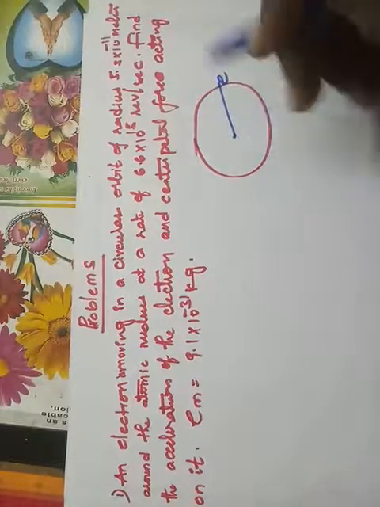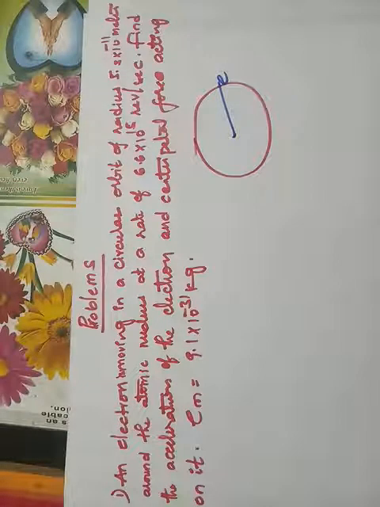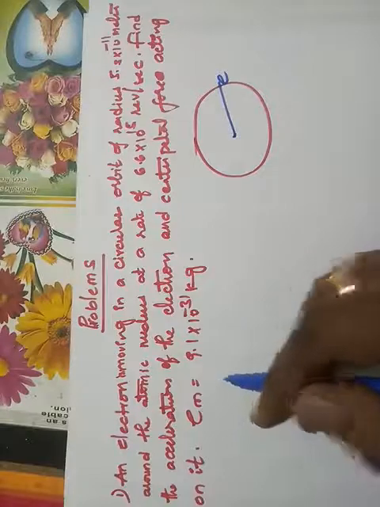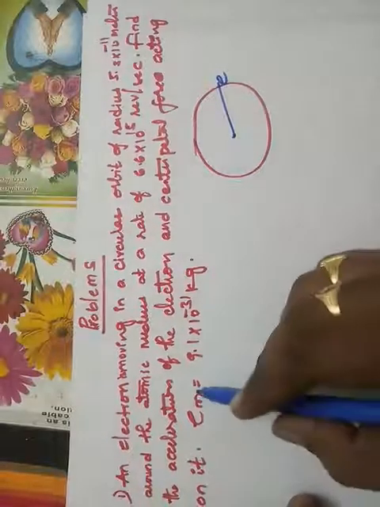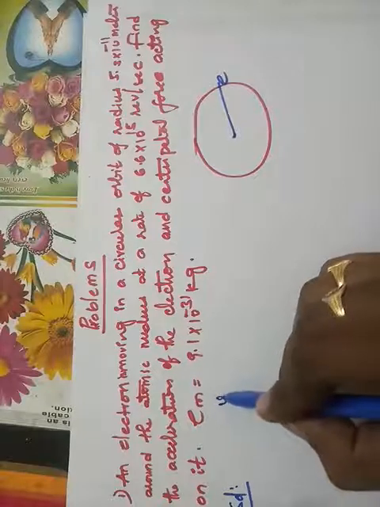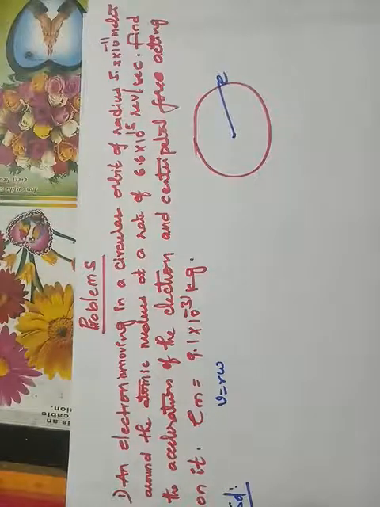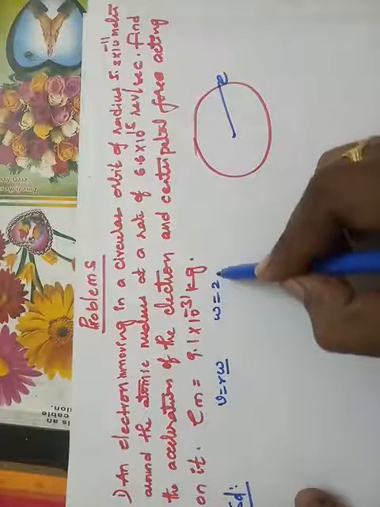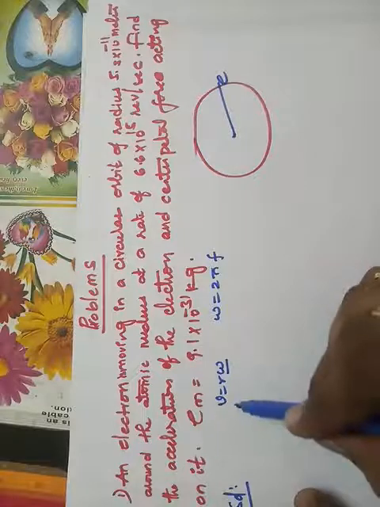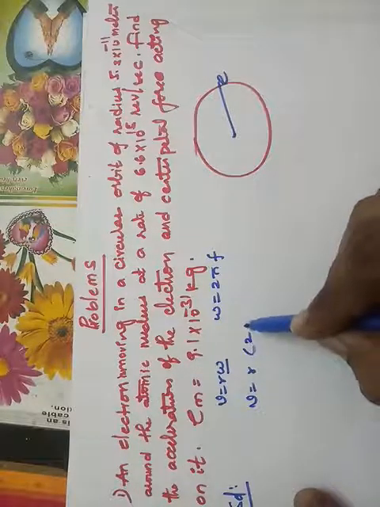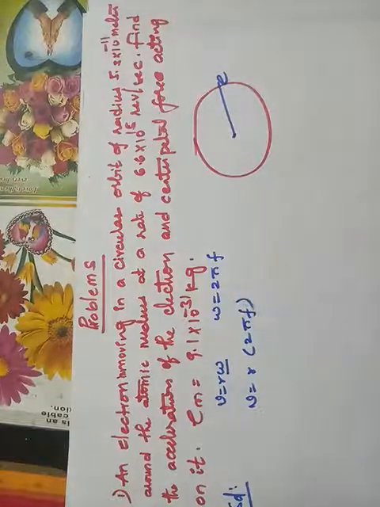Now let us see. We know one formula, the relation between velocity and angular velocity, which can be written as, solution, V equal to R omega. So how can you write this omega? We know that omega can be written as 2 pi f. Then V equal to R into 2 pi f.